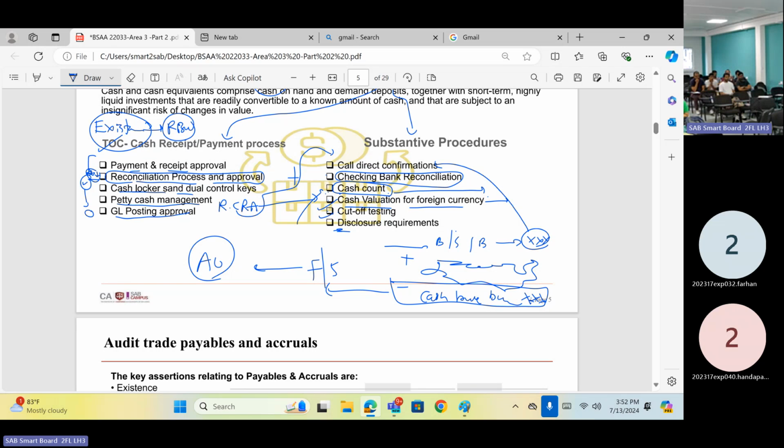The standard clearly says that a short-term investment of less than 3 months we can consider as cash. Less than 3 months, that's the given guideline. So according to the standard, a short-term investment of less than 3 months can be recognized as cash.